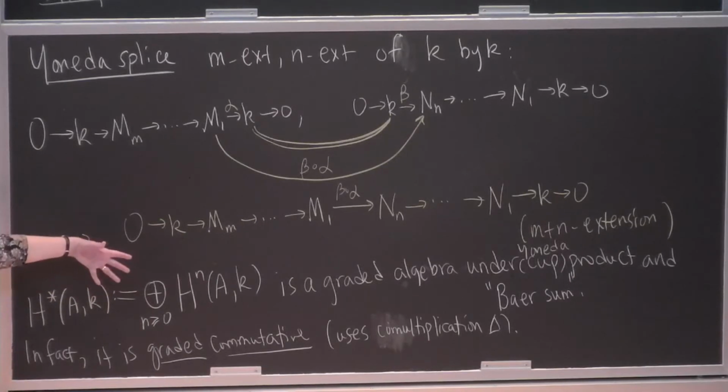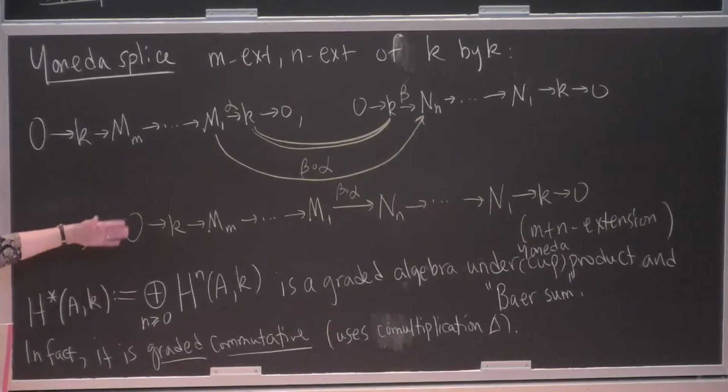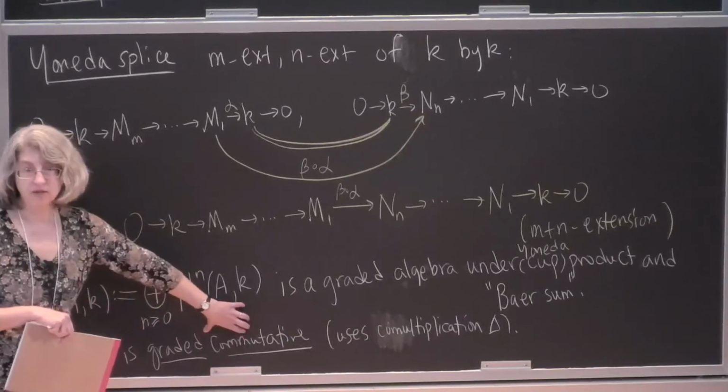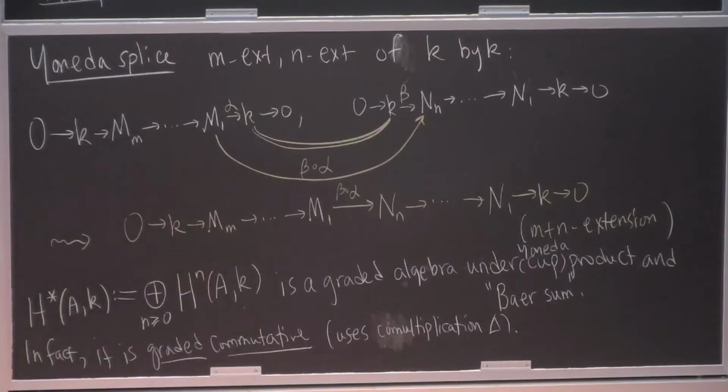There's an Eckmann-Hilton argument that says then you have a graded commutative product. So that's where the comultiplication, the Hopf algebra structure, comes in. So this is really important, right? It's a graded commutative ring, meaning it's commutative up to some negative signs, depending on the degree. Okay, so that's very important, and it will be particularly important in a minute.